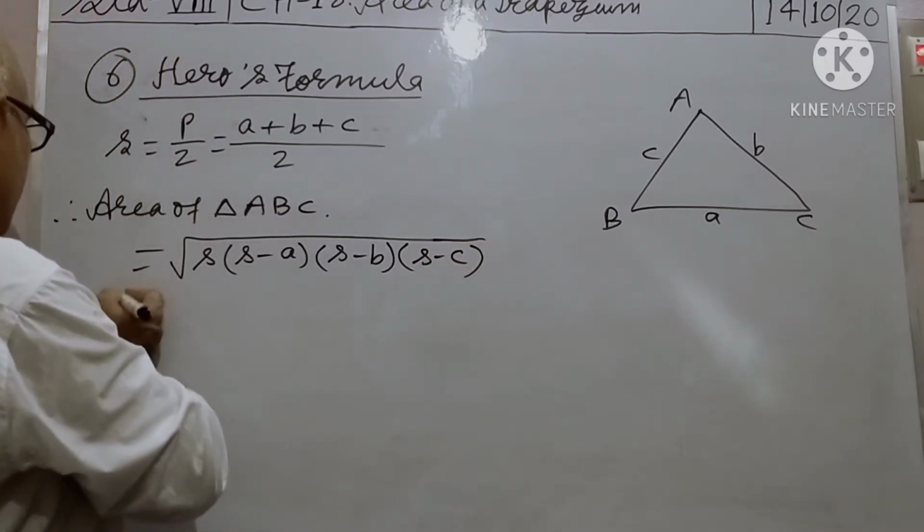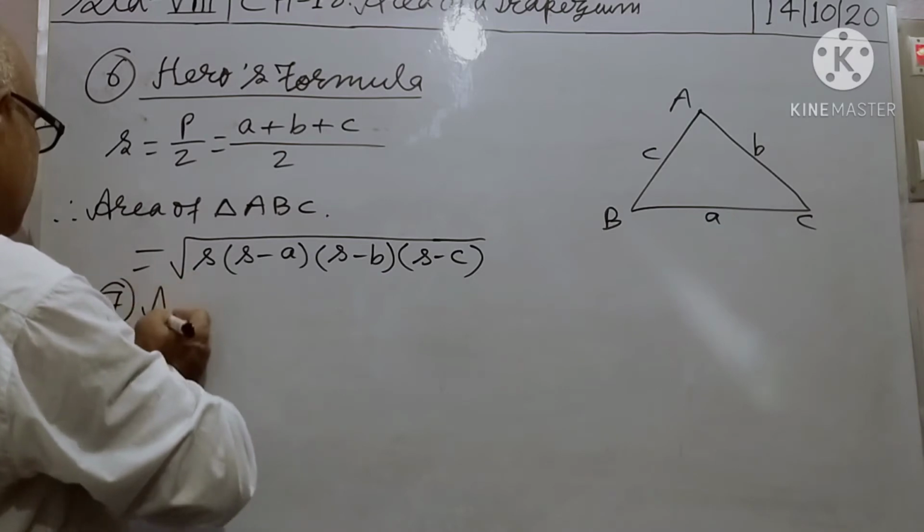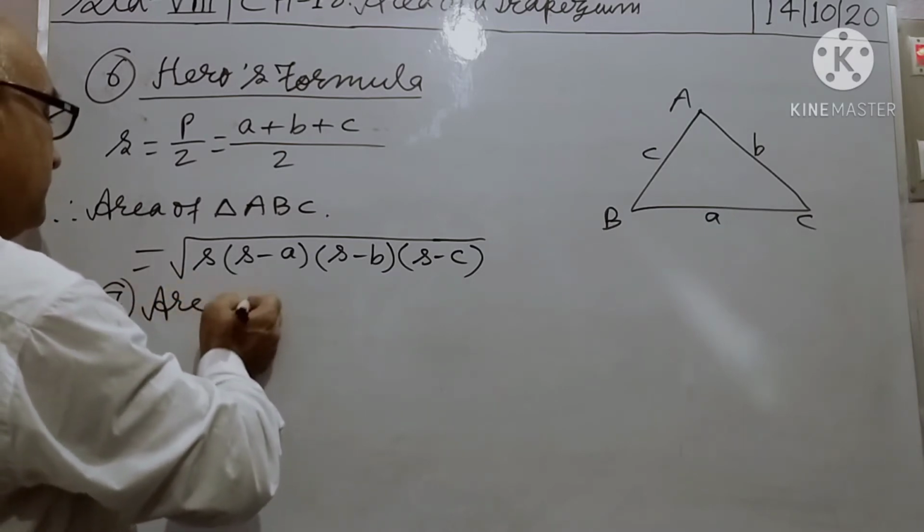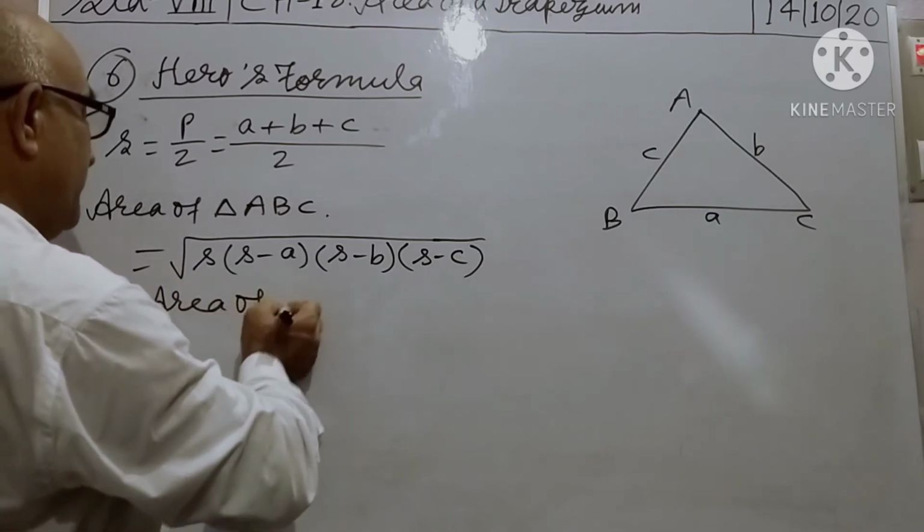Now formula number 7, area of a trapezium.